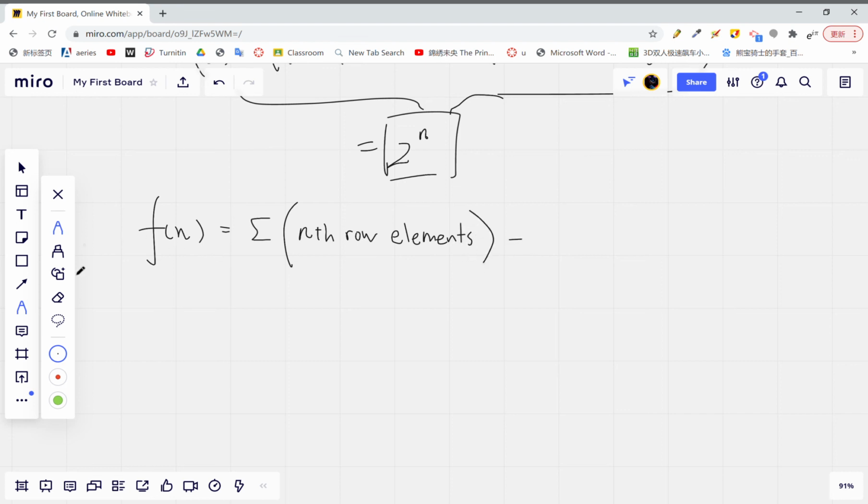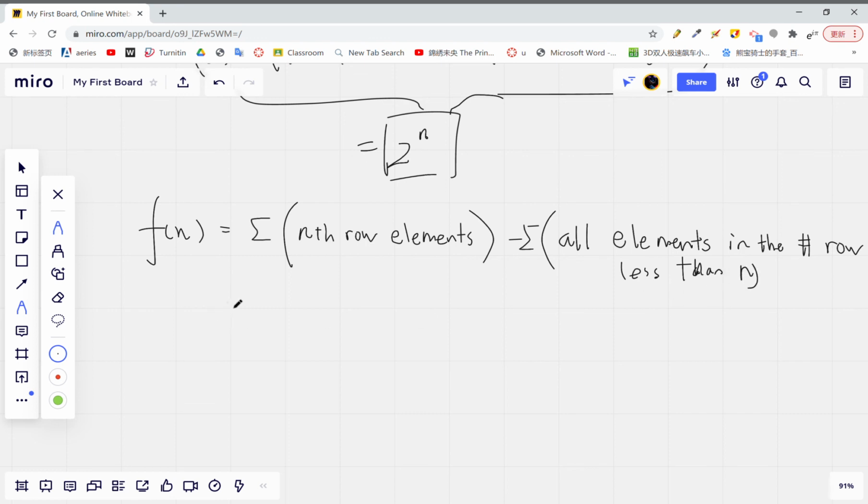So f of n is equal to the sum of the elements in the nth row minus the sum of all of the elements in the rows less than n.